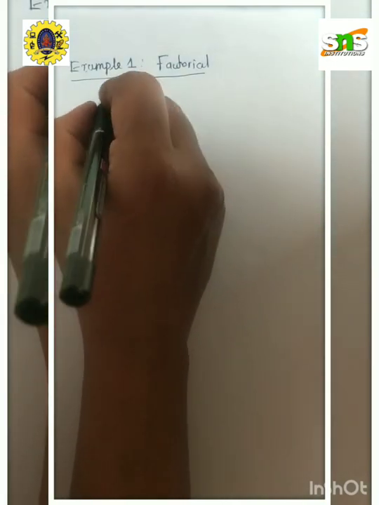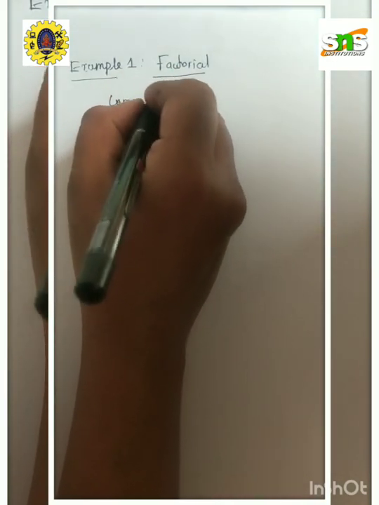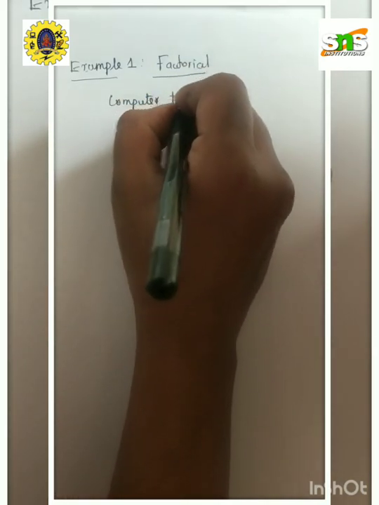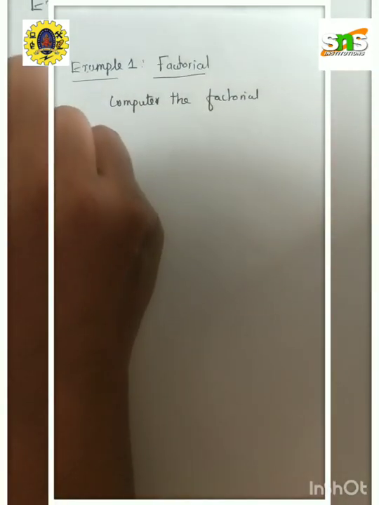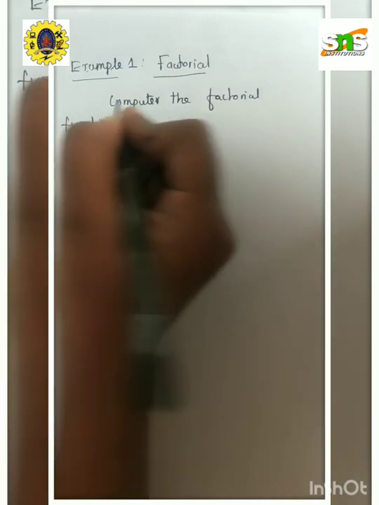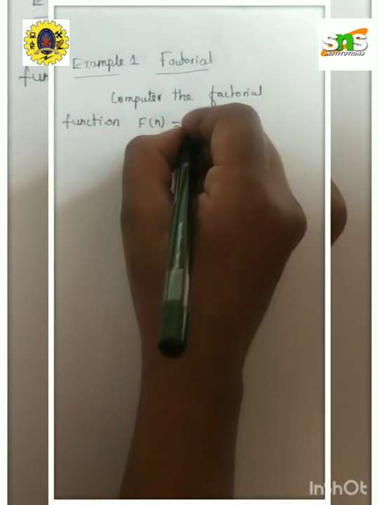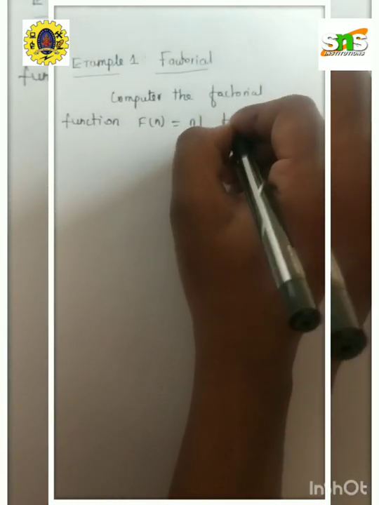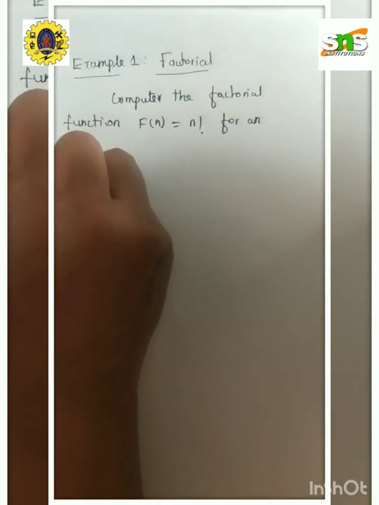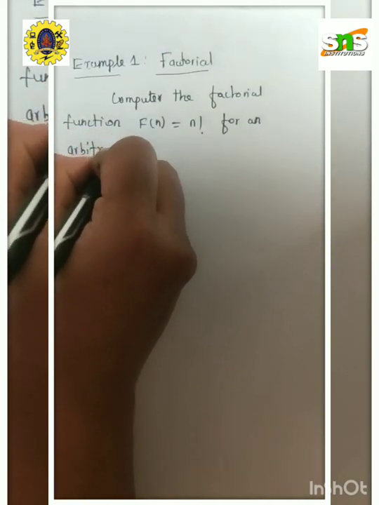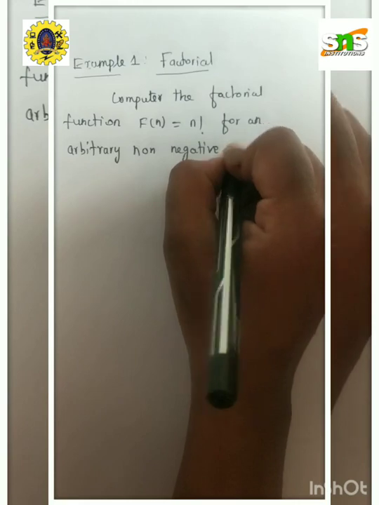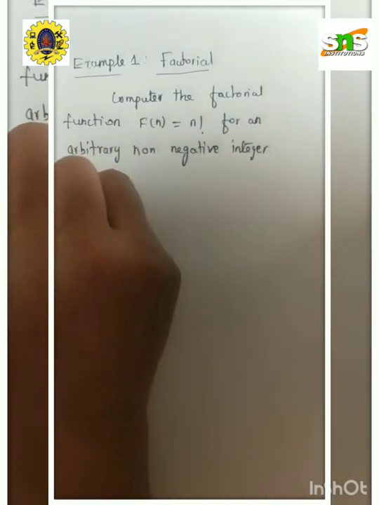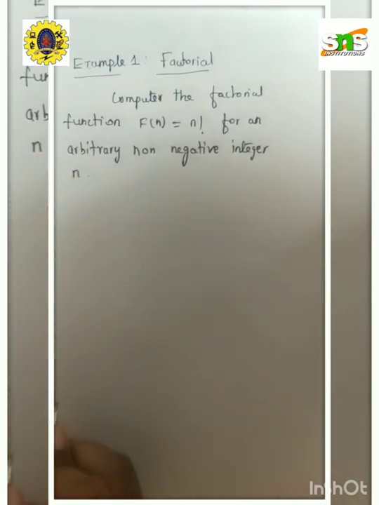Here I'm going to describe the problem: compute the factorial function f of n equal to n factorial for an arbitrary non-negative integer n. Okay, so this is the problem definition.